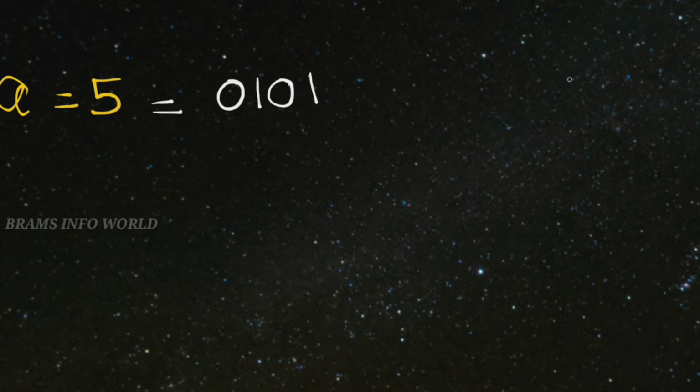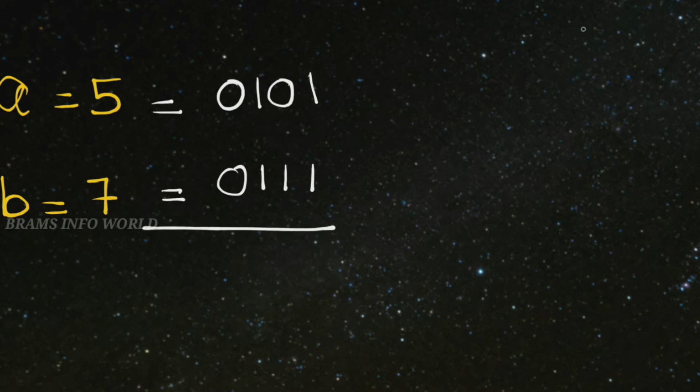As per that example, the A value is 5 and this 5 value is converted into 0 1 0 1. The B value is 7, which is 0 1 1 1, and our operation is bitwise AND. For the bitwise AND operation, what do we have to do?